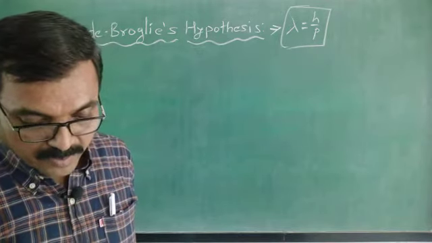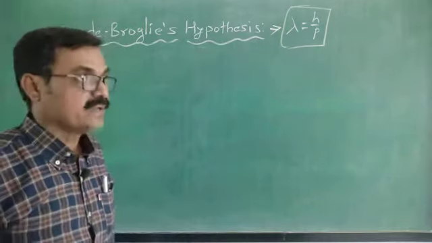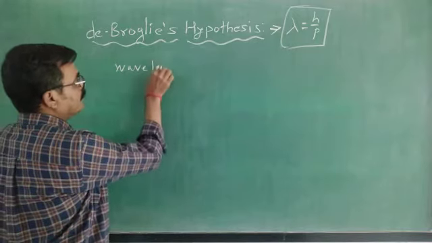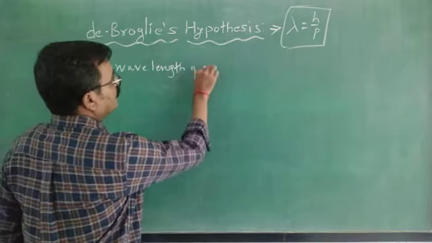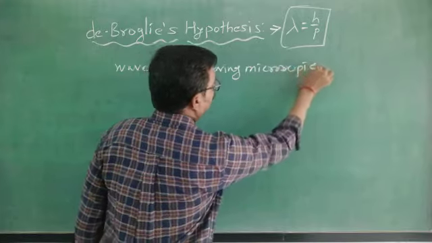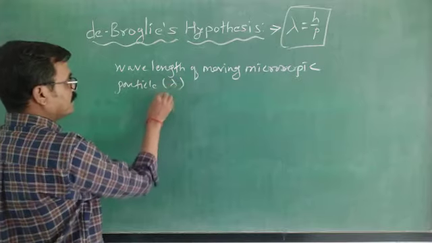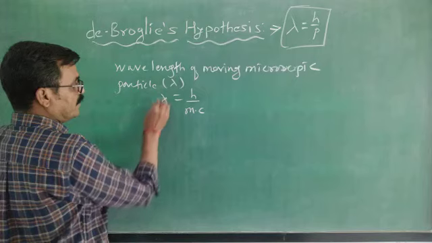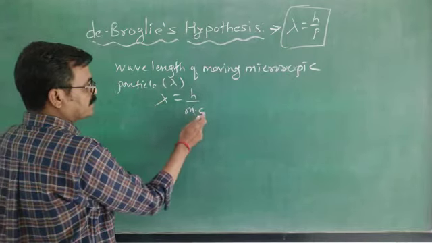De Broglie suggested that the wavelength associated with a moving microscopic particle is lambda equals h upon mc, where lambda is the wavelength, h is Planck's constant, m is the mass of the particle and c is the velocity.